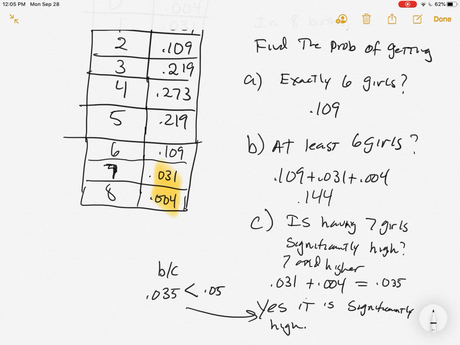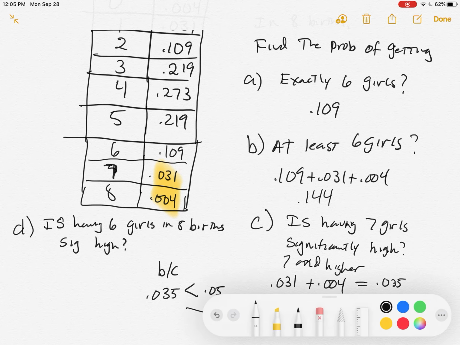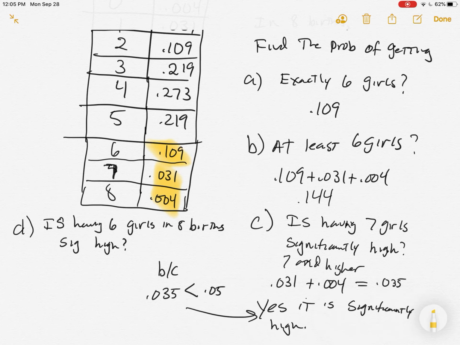So for example, D could have said, is having 6 girls in 8 births significantly high? And so how would we evaluate that? We would look at 6 and higher, always higher.